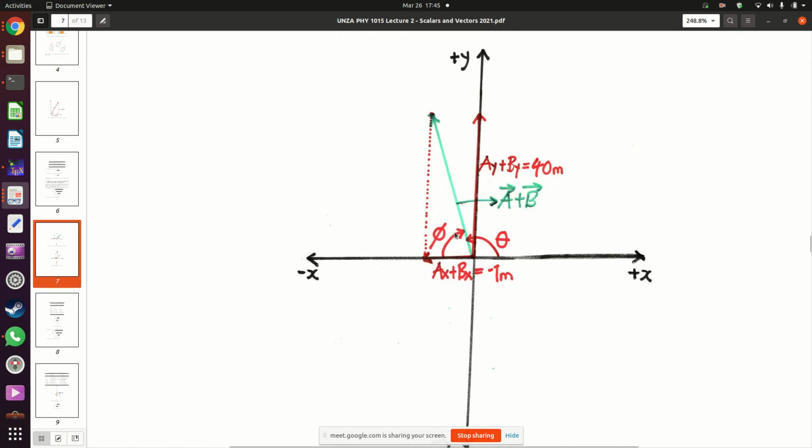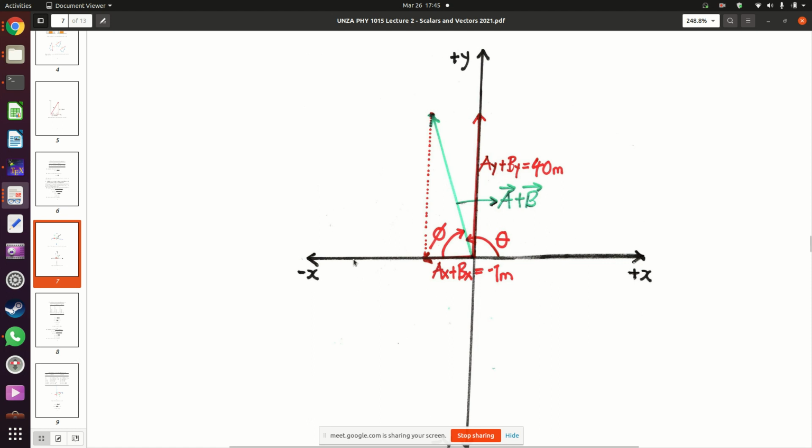As you can see from what we have drawn here, the two angles phi and theta are moving in different directions. Phi starts from the negative x-axis going in the clockwise direction. Theta starts from the positive x-axis going in the anti-clockwise direction. Remember, by convention, angles are measured in an anti-clockwise direction and they are positive.